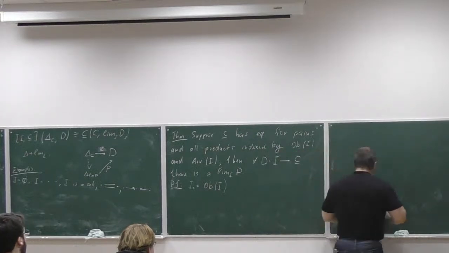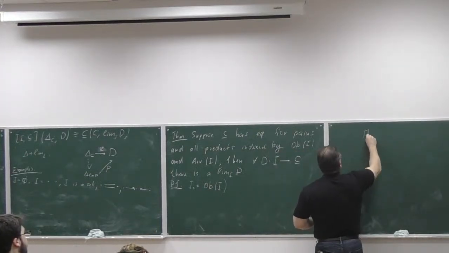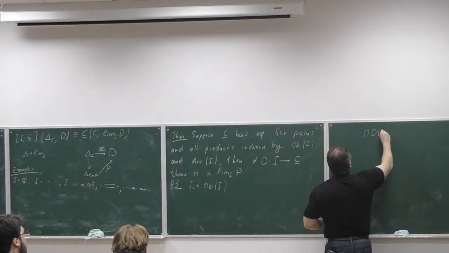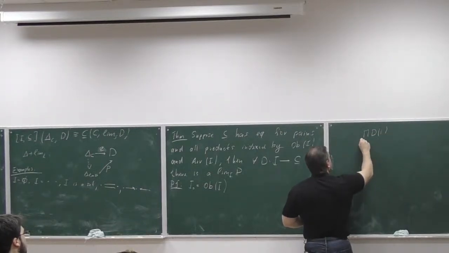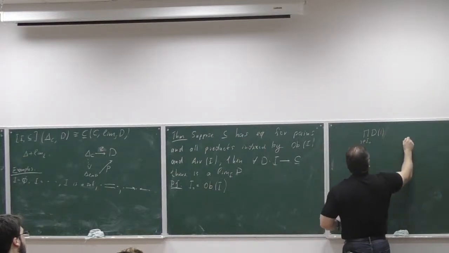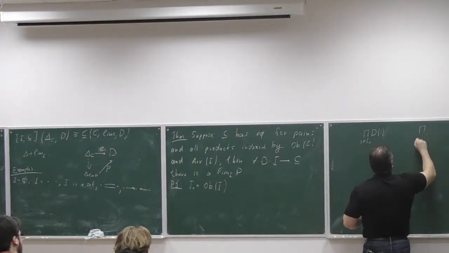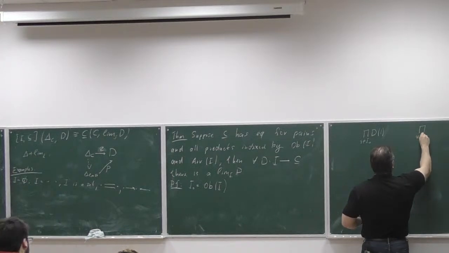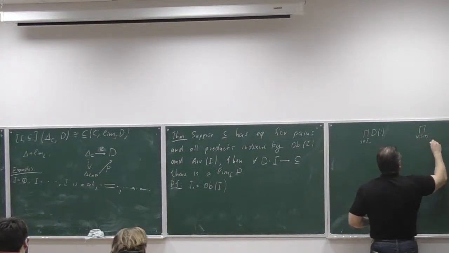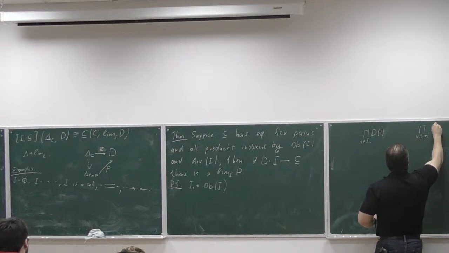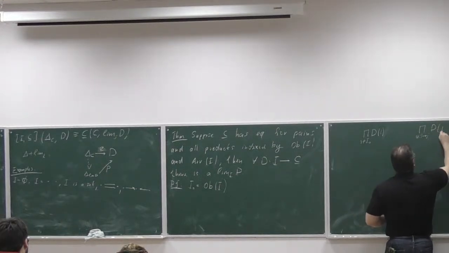So I want to consider the following product. I take the product over all objects i in I0. Then I take the product over all arrows u from i to j. And then for the u, I put d of j here.